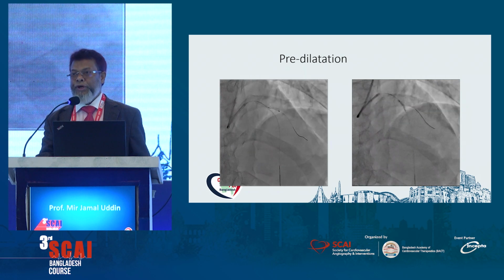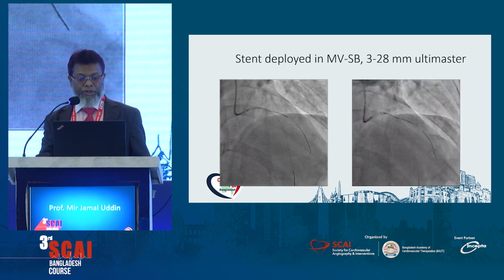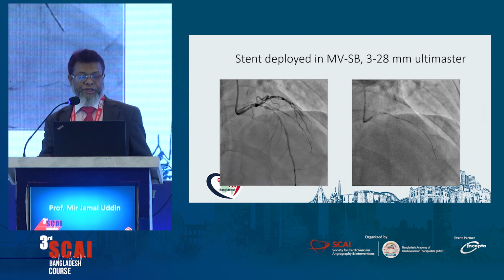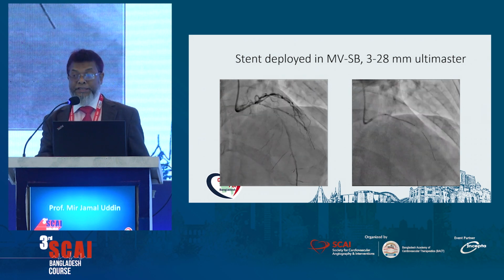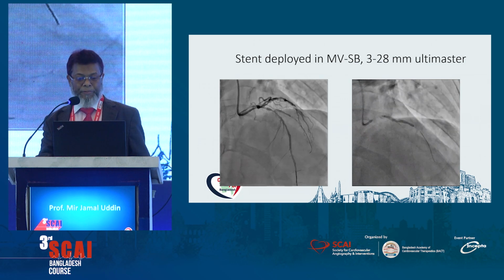There is also downstream disease in the diagonal, and that is why we planned for a double stent strategy. We planned for a mini DK culotte, but due to the unavailability of the stent, we had to take a bit longer stent for the side branch, 3 into 28.